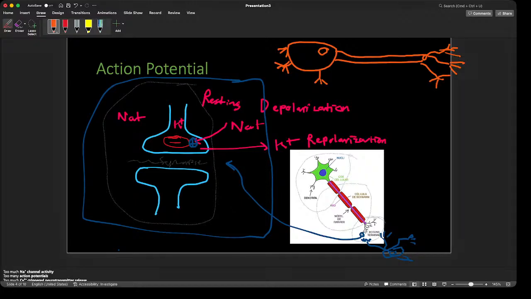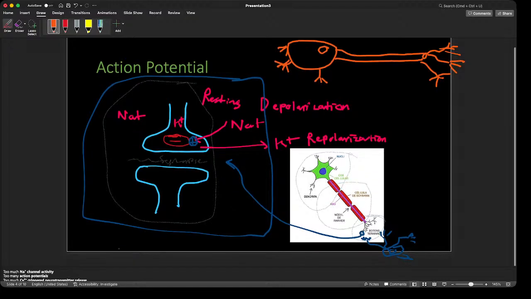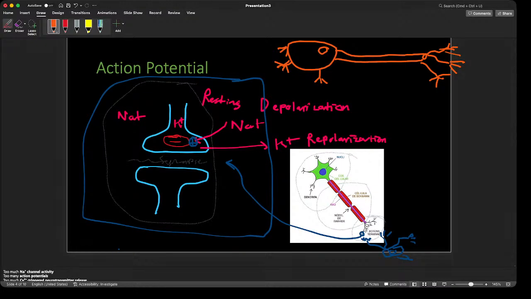Now, I want to explain something here. What do these fingers represent? Each of these fingers is kind of like a little connection point.